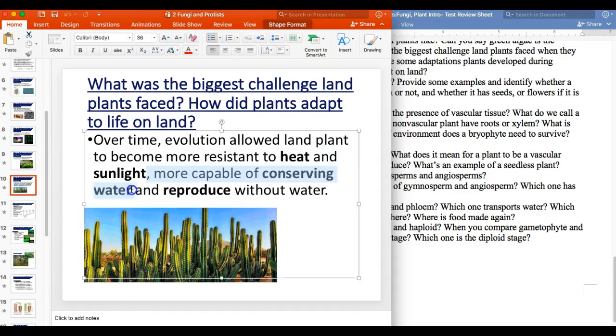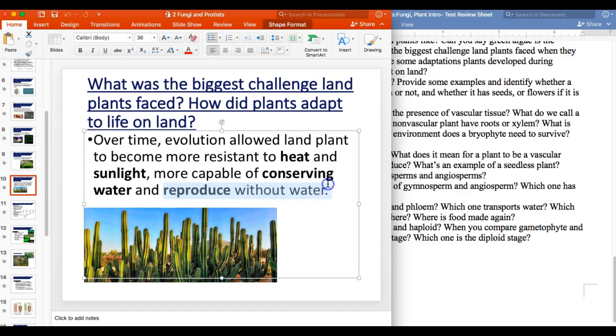The plant itself also needs a mechanism to conserve water. A cactus has needle leaves, which help conserve water because water is less likely to evaporate through those tiny leaves.